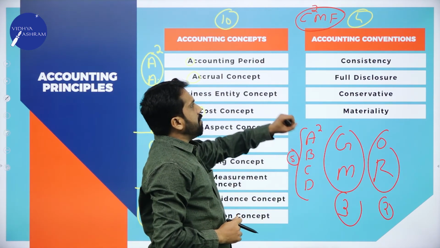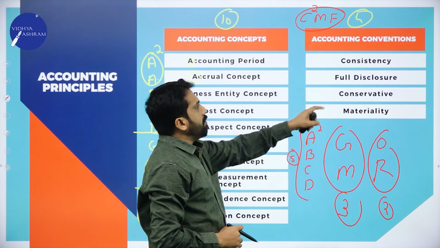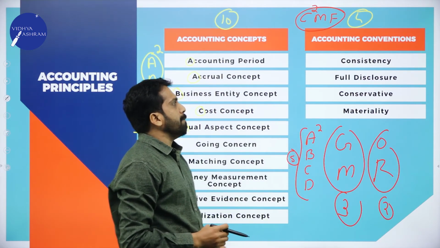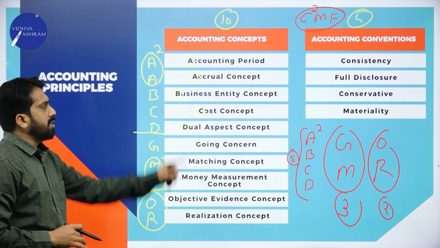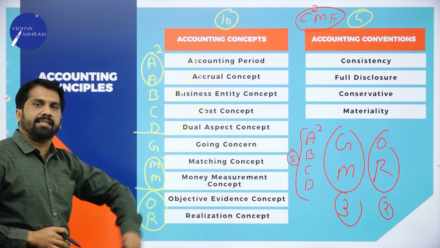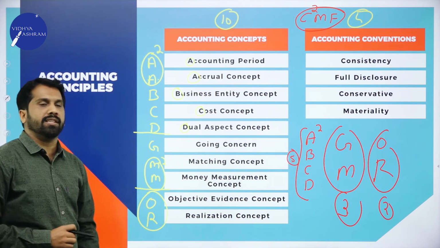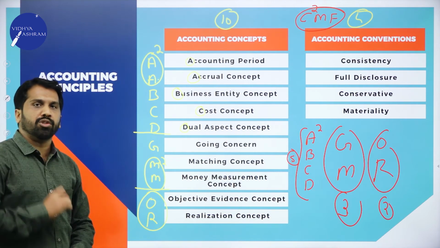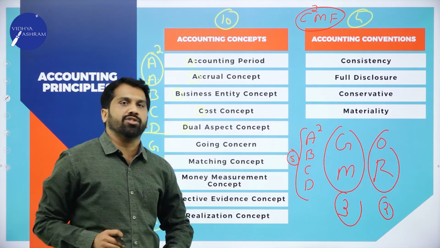C for consistency, conservatism. M for materiality. And F for full disclosure. Clear? Yes. These are the conventions and these are the concepts. After this session, your homework is, without seeing this, you should write all 10 concepts and all 4 conventions.